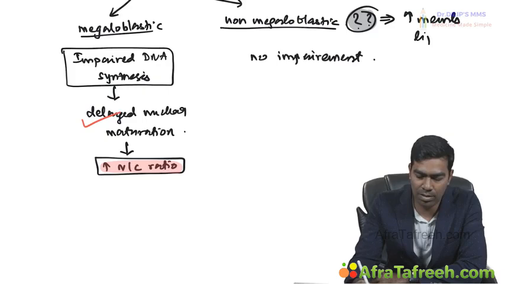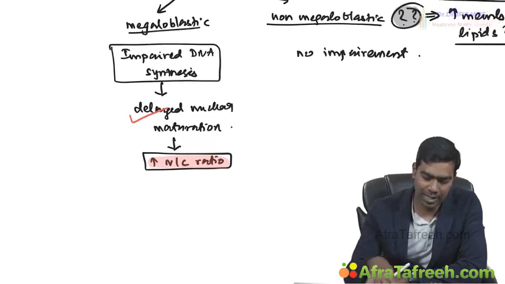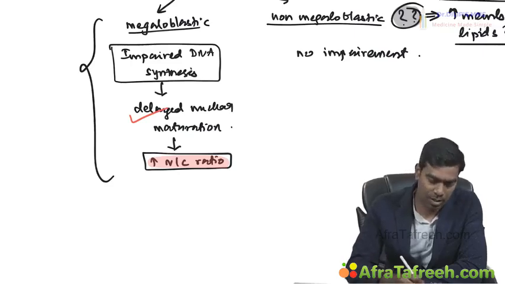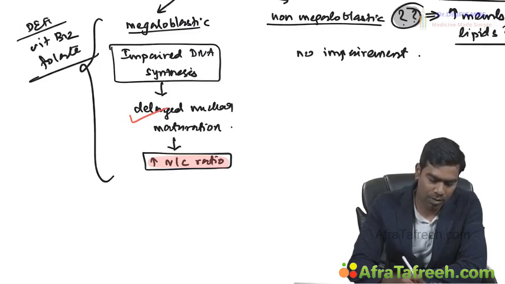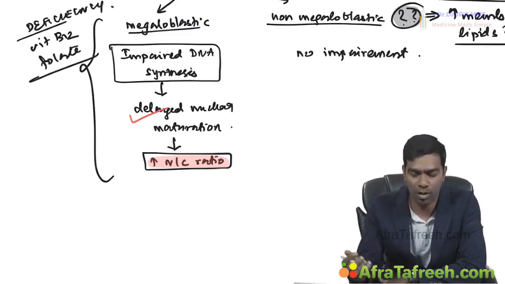That could be the reason you get non-megaloblastic macrocytosis. The classic examples of megaloblastic macrocytosis are vitamin B12 and folate deficiencies, even though you have a lot of other causes like myelodysplastic syndromes and so on.